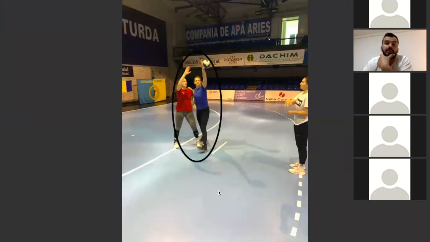So this is a big problem, that you don't keep the front position and the way to receive the pass, and you let the opponent stay in front of you. So I try to make it like that.